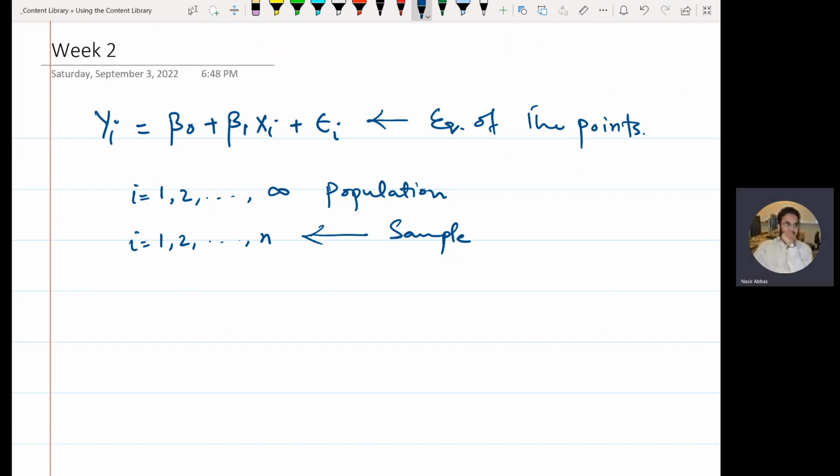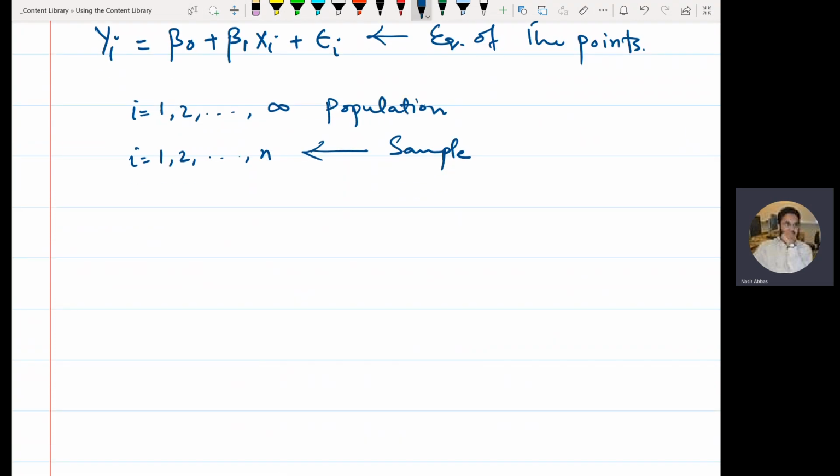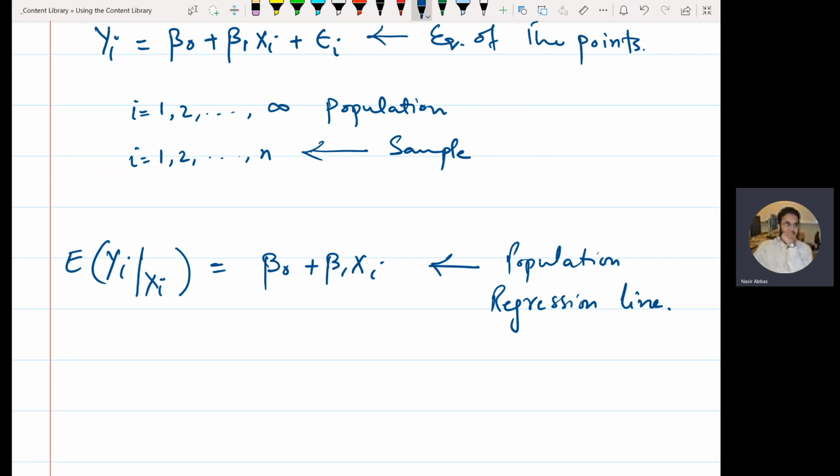You need to estimate a line. Which line? A population regression line. The line is this line, the population regression line. What did I write on the left side? Expected value, which means it's the mean of y for each x.